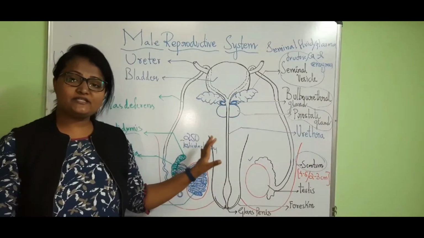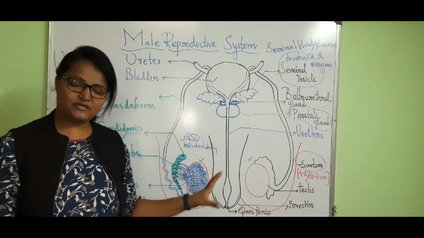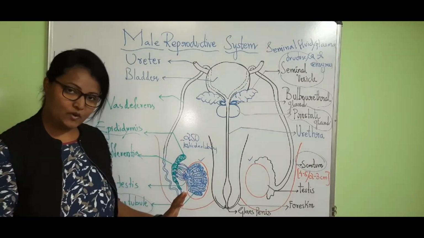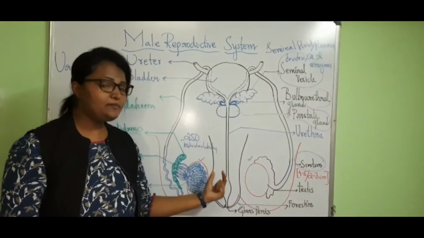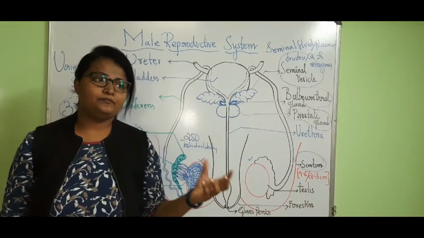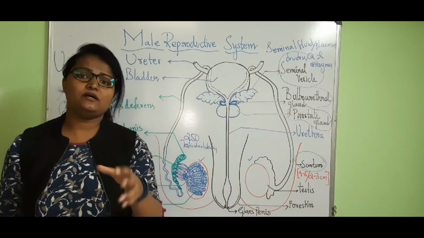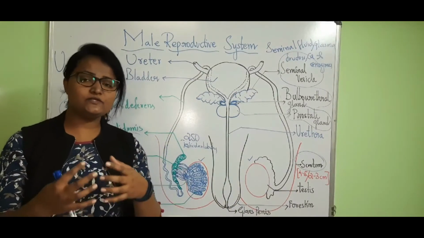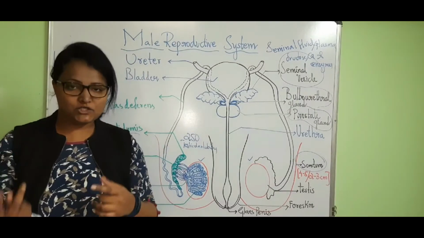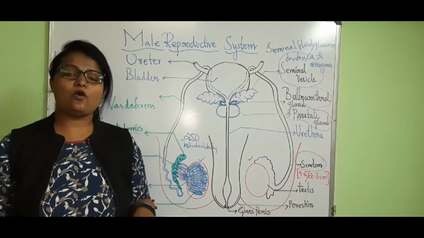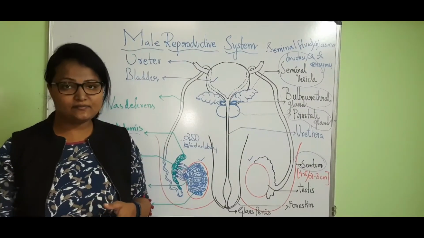Next we'll go to the external genitalia. Here the external genitalia is the penis. The penis is made up of some erectile tissues, tissues which are meant for erection of the penis during the copulation process or during insemination.